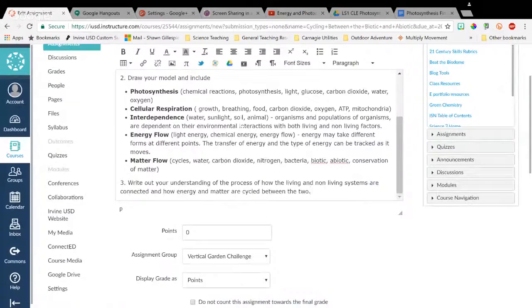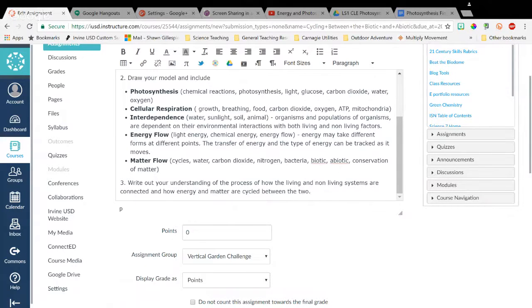Now in your model, it says include photosynthesis, and you'll see that I have, let's see if I can draw, can I? It's not going to let me. All right.